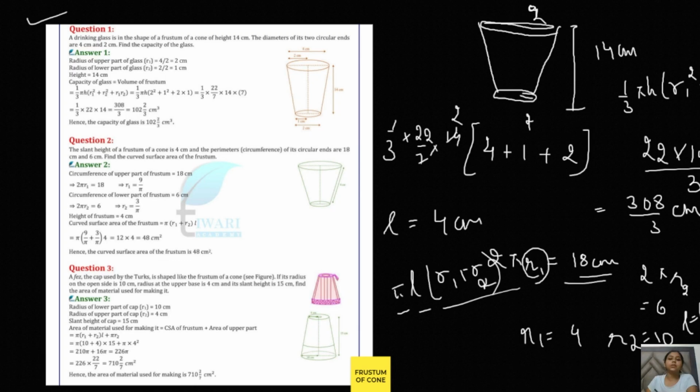Okay, so let's have a look at this question. In this question, the total surface area is pi L (R1 plus R2) plus pi R1 square plus pi R2 square. But in this case, you have to find the area of material used for making the cap. Suppose this is a cap.